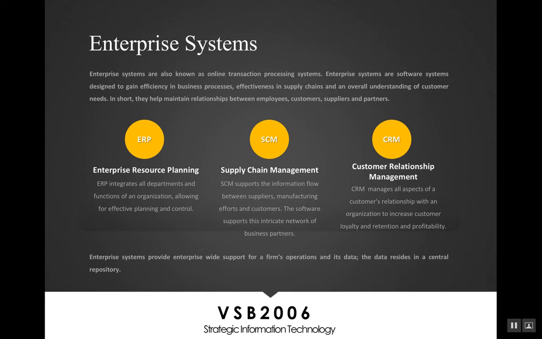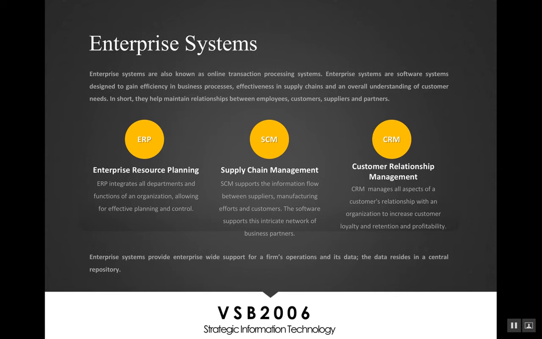All right. So our first class of system is something we call an ERP system, which stands for Enterprise Resource Planning. What it will do is integrate all of the different departments, operations, and functions of an organization, and provide really for the effective planning, control, and execution across the entire organization.